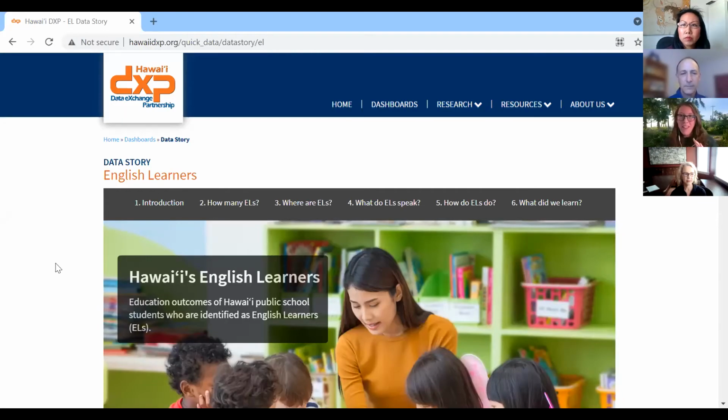So the Hawaii Data Exchange Partnership is a partnership between Hawaii P20, which analyzes and researches outcomes from the early childhood field to post-secondary outcomes all through the Hawaii system.